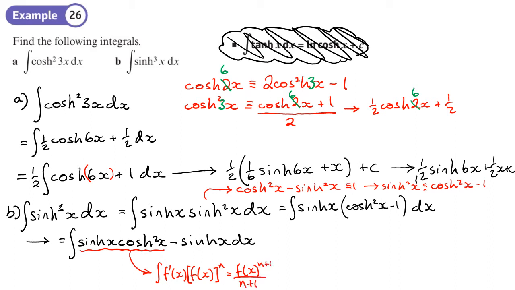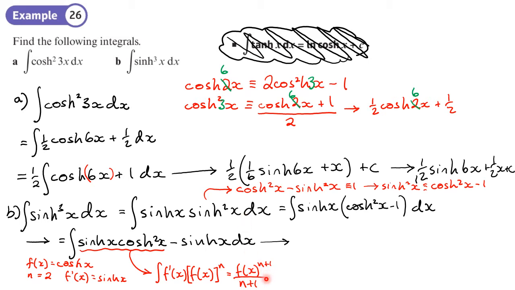So here, the f of x is going to be cosh x, n will be 2, and then the f dash of x, that'll be sinh x. So it fits the pattern nicely. That means the first bit, when we integrate it, will be cosh cubed over 3, so we're just applying this bit here.